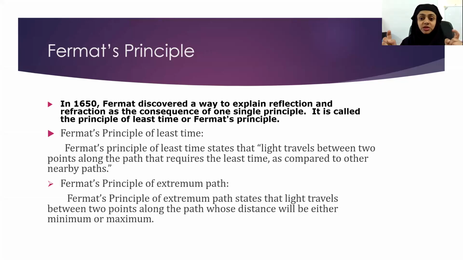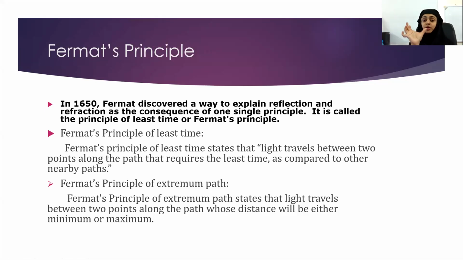With the distance between the 2 points, the time taken will not change. Or you can also show Fermat's principle of extremum path by showing that dl by dx is equal to 0.